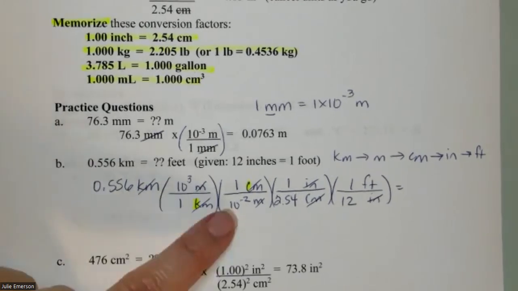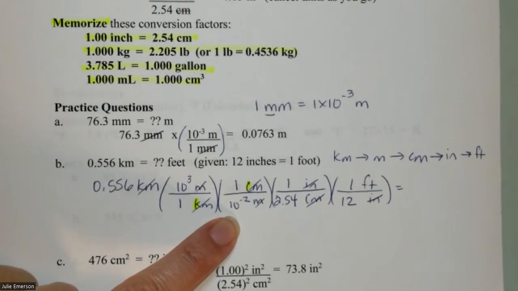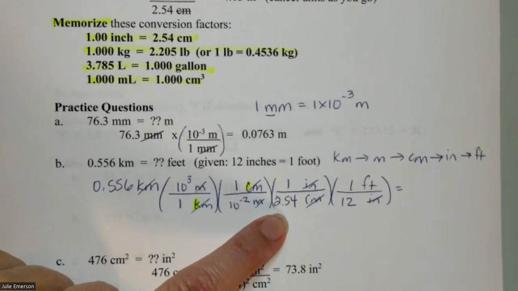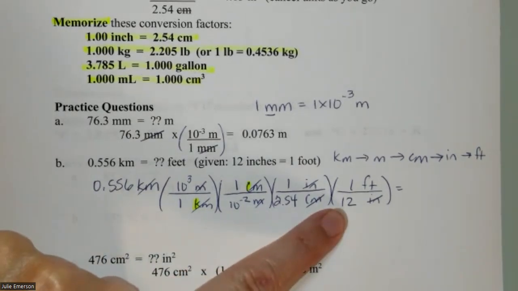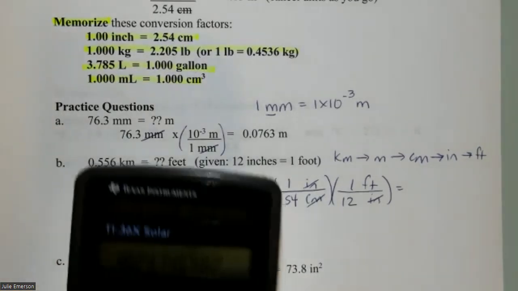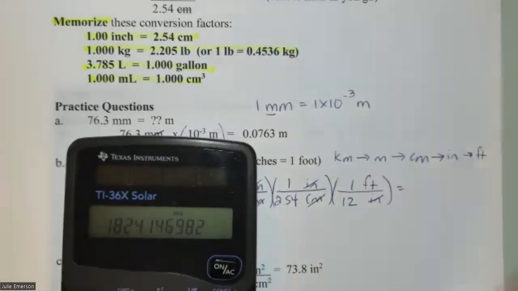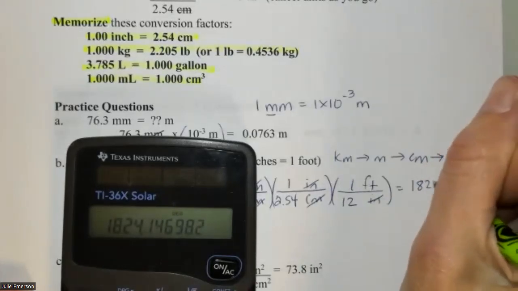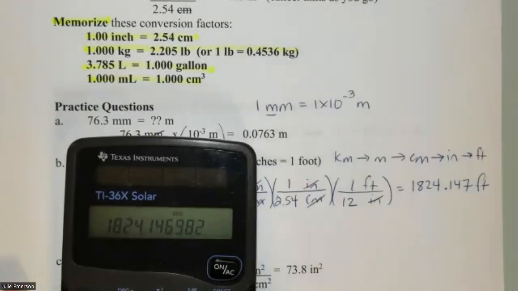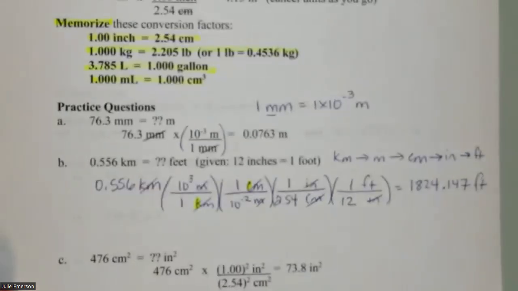Then I'm going to divide it by 10 to the negative second. Then I'm going to divide that by 2.54. And then I'm going to divide that by 12. Anything on the top, multiply. Anything on the bottom, you divide. Calculator gives me 1824.147 feet.